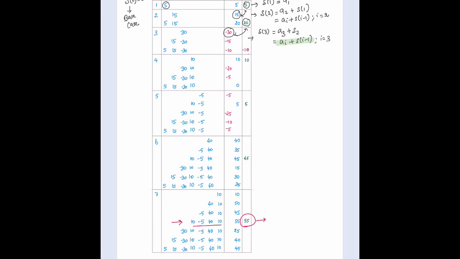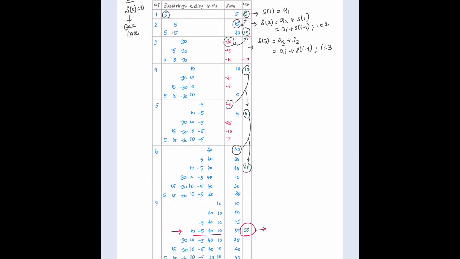Let's check if this holds true in all the situations. This pattern is observed in almost all the cases. For example, A5 plus S4 is the same as S5. And again, A6 plus S5 is the same as S6. And S6 plus A7 is the same as S7.